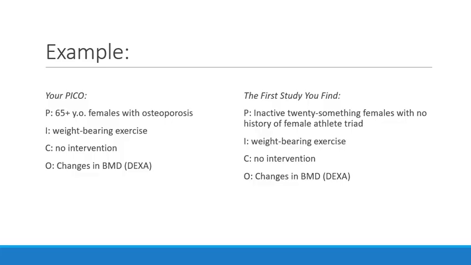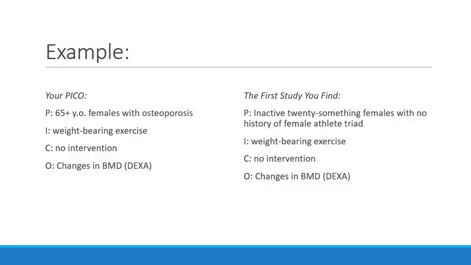Let's say your PICO is you are working with an older adult female population and you're looking at patients who are 65 plus years of age or older, biologic females with osteoporosis. And you're curious about what evidence is available to illustrate the benefits of weight bearing exercise in changing bone mineral density.